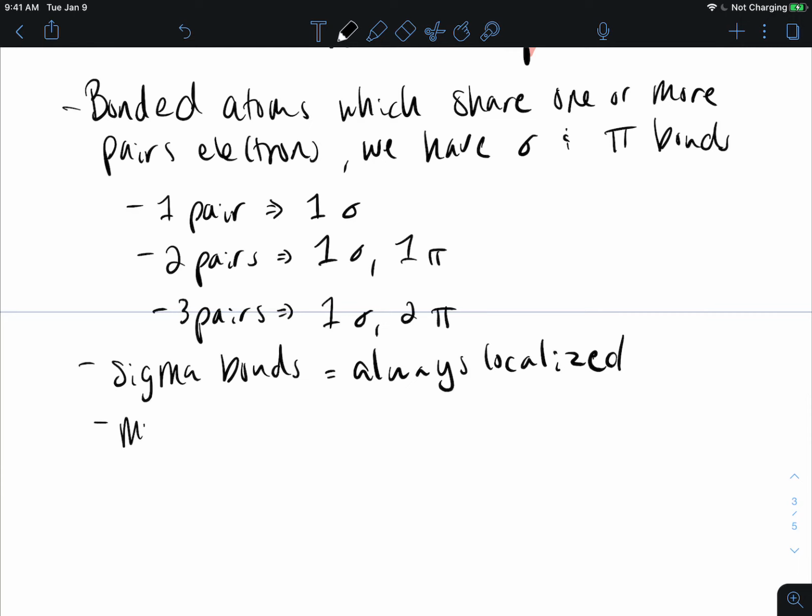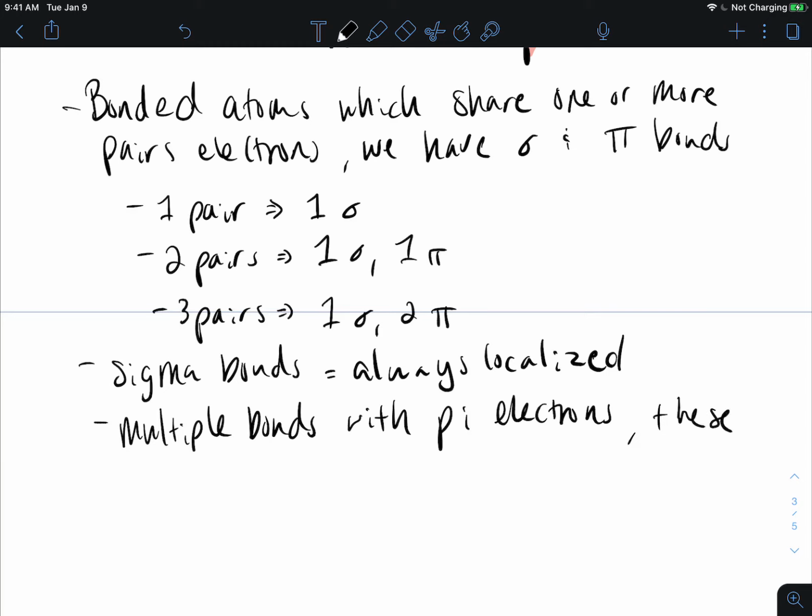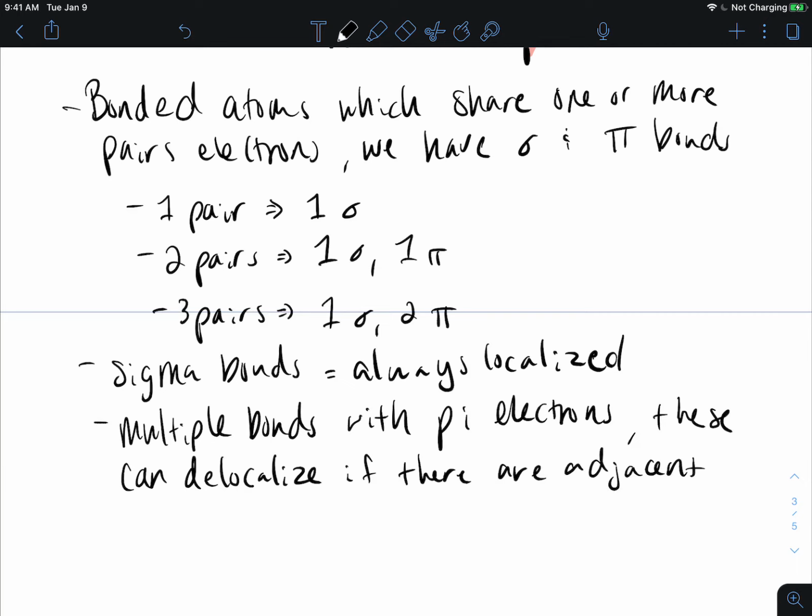However, if we have multiple bonds with our pi electrons, these can delocalize if there are adjacent p orbitals that are parallel to them.